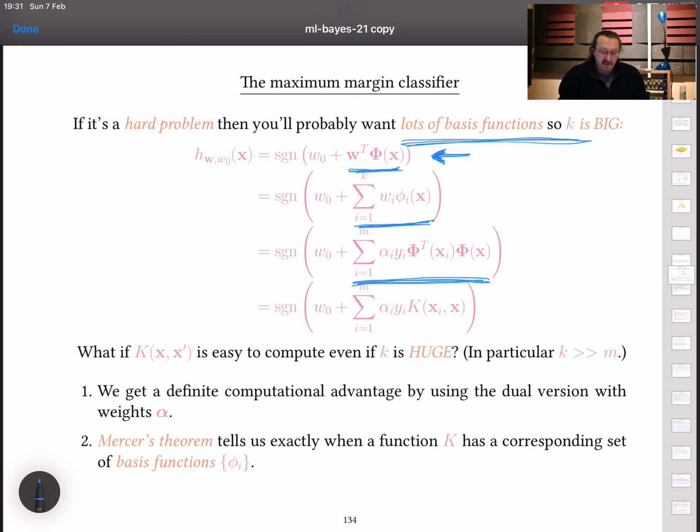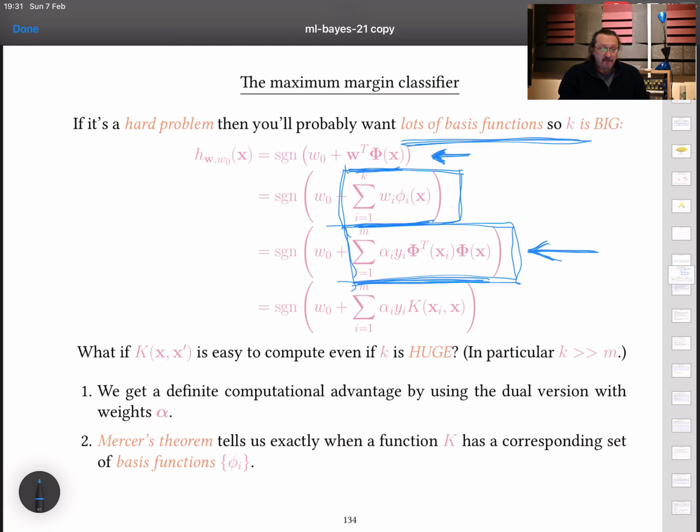Potentially this sum has fewer terms in it than the number of training examples, whereas this one has a number of terms equal to the number of dimensions we're mapping into. So hopefully we've made things a bit more efficient by going to this format.